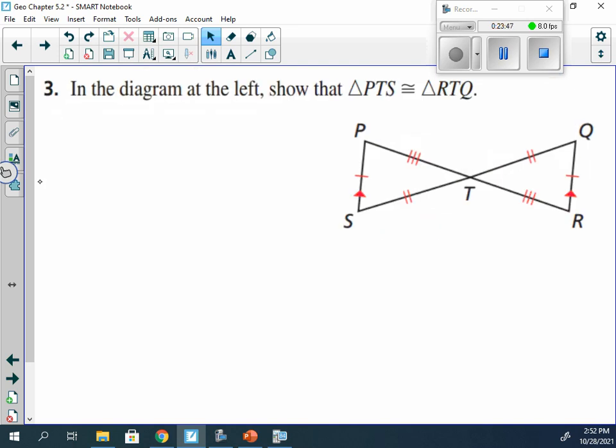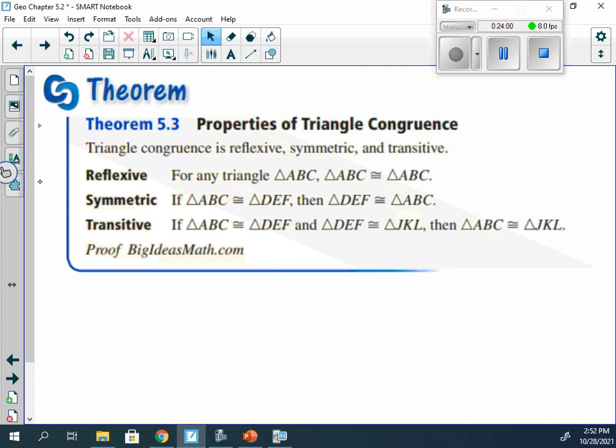Let's go on and look at the next piece. We'll go on and skip this one here. That's not mainly important.